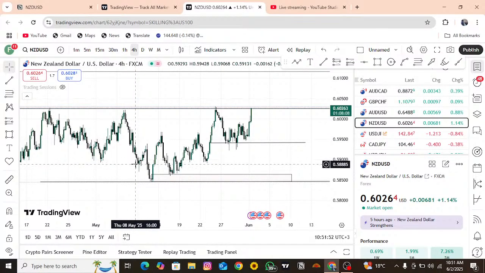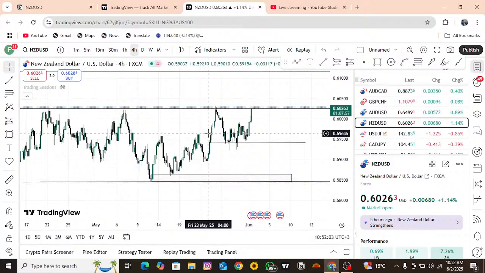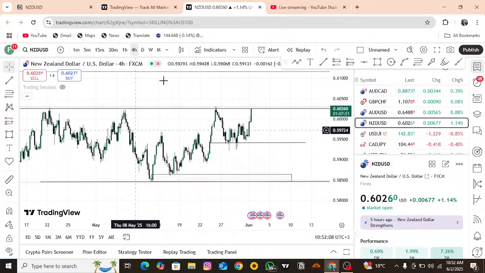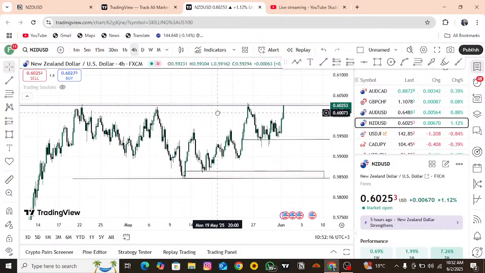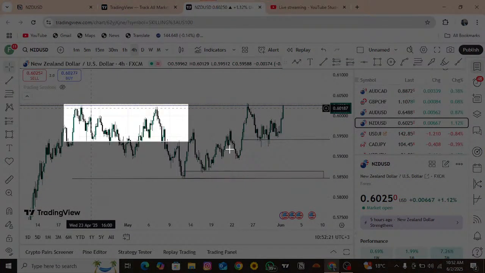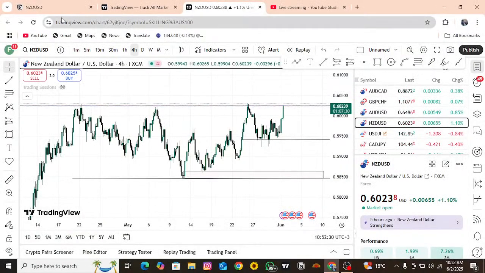You can see this move here, one last break of structure. Now clearly this one does not give me a good picture from where I sit as of now. I'm not getting a good picture at this higher time frame, so perhaps I'll just leave it here. I'll still narrow down, but at this particular point I'm not getting a very clear picture of what I'm supposed to do in the market.